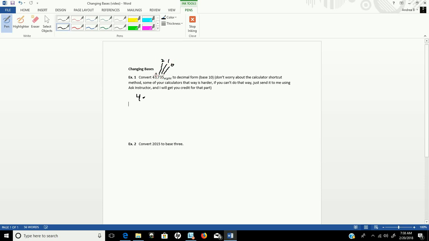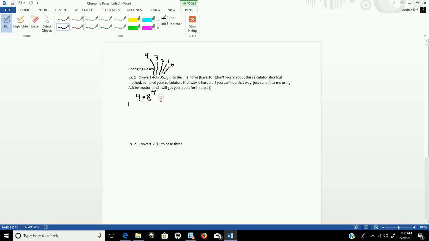These exponents keep increasing as you go further to the left, as those values are getting bigger. So for the 4, we'd have 4 times 8 to the 4th power. Remember, the exponents always start with 0 and then work your way up.